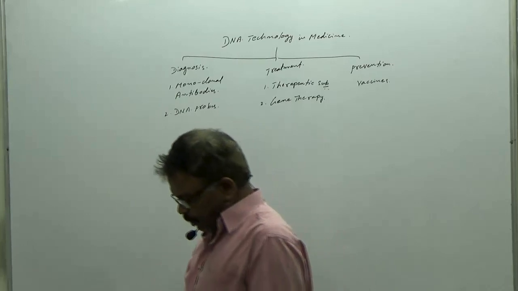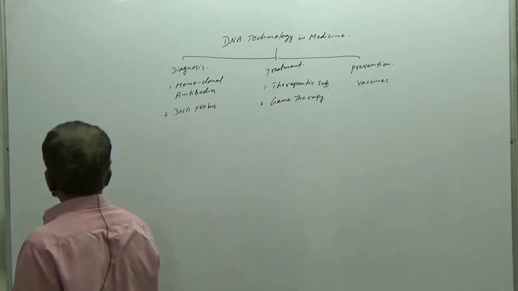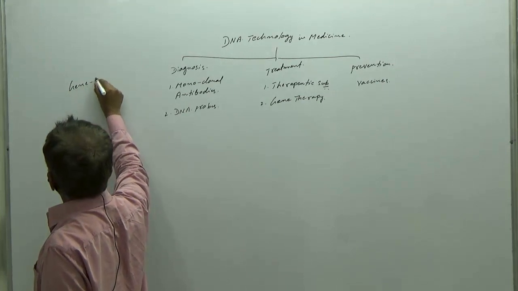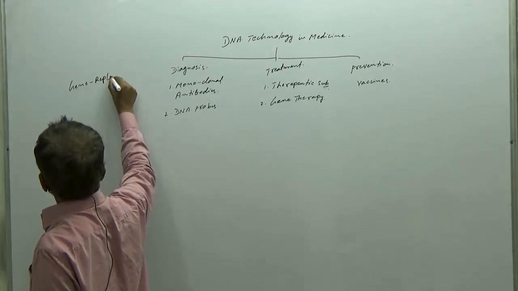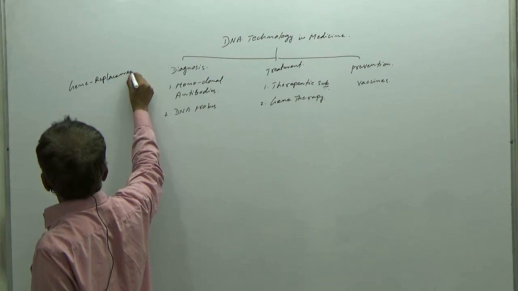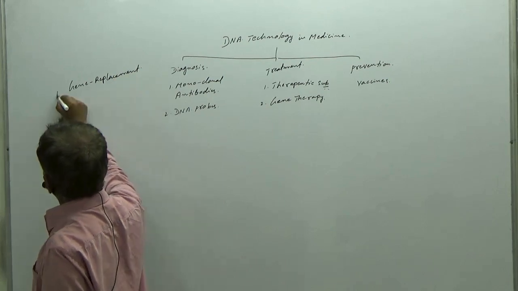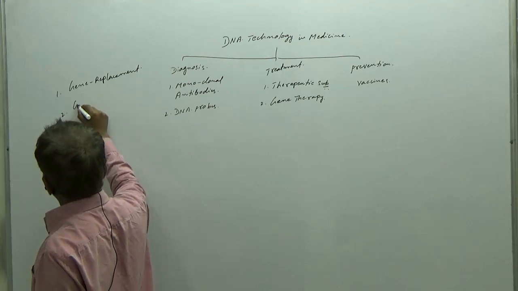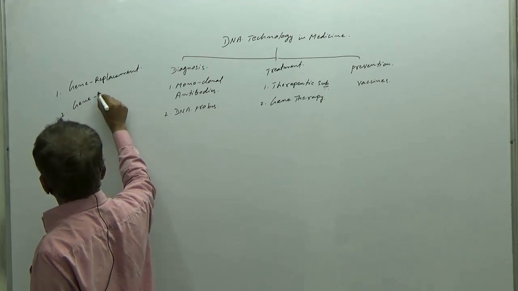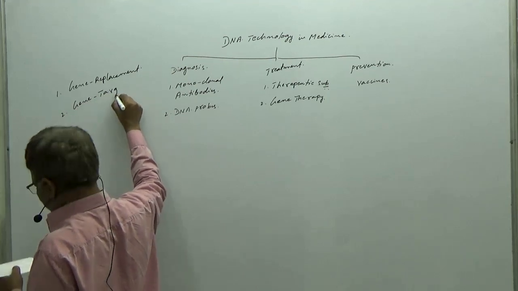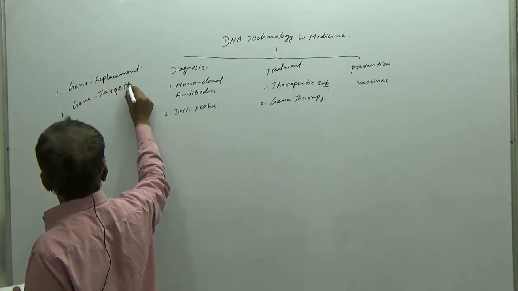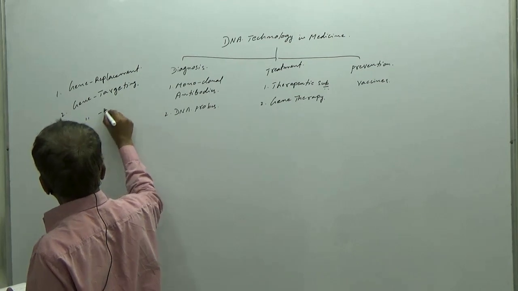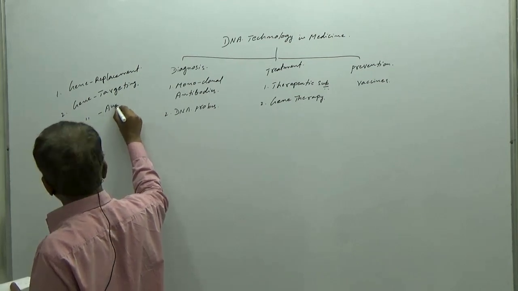Gene replacement is the first one. Then gene targeting is the second one. Then the third one, gene augmentation.